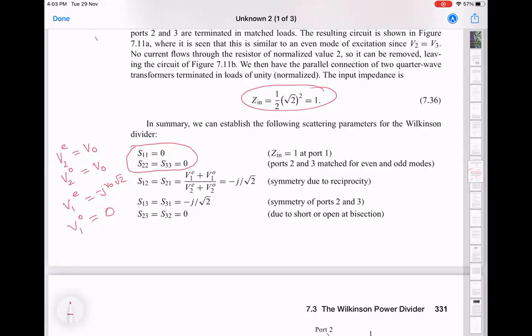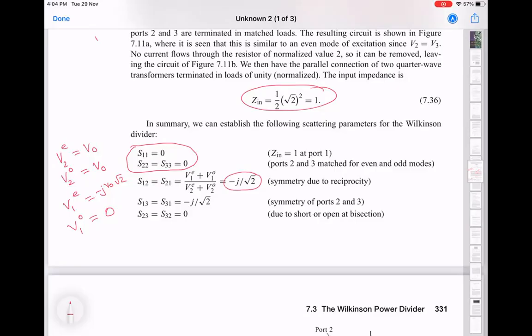So what have they written here? That S12, which is into 1 from 2, right? So the target is 1. Which is why the numerator has V1E plus V1O, because you have to add the even and odd mode excitations, and you divide by V2E plus V2O, which gives you basically 1 over √2 in voltage, which is 1 over 2 in power.